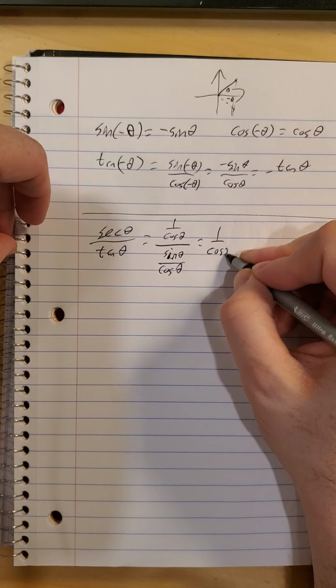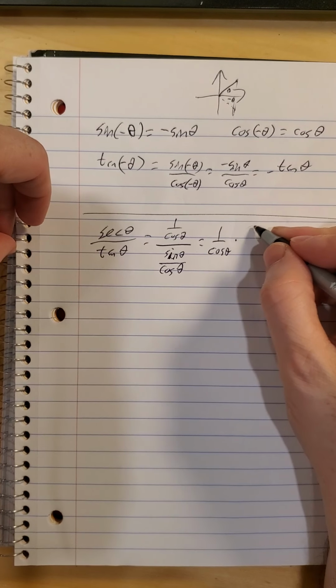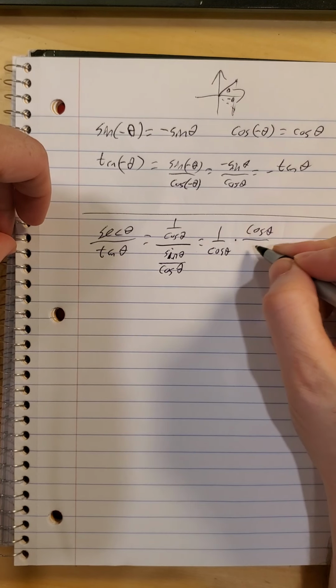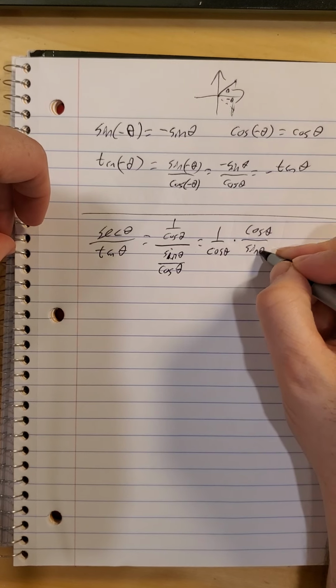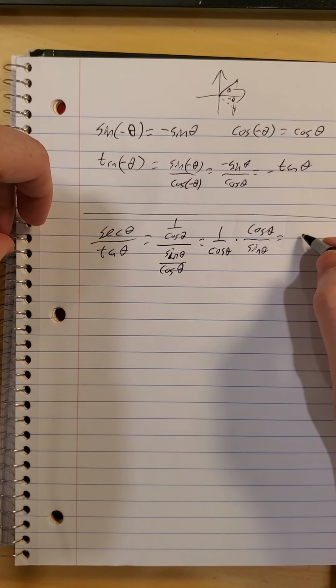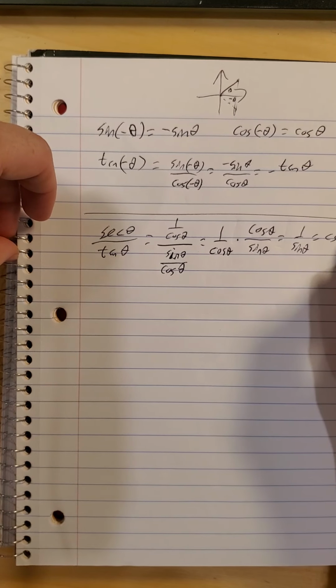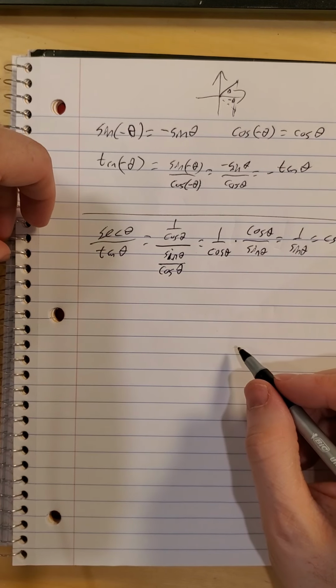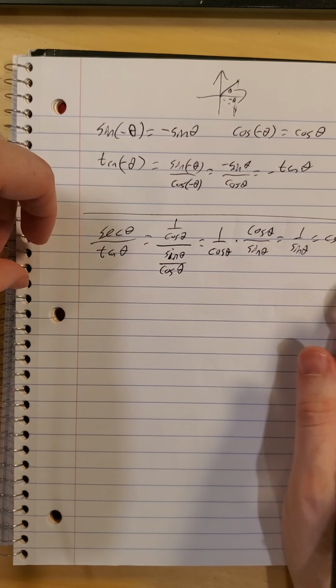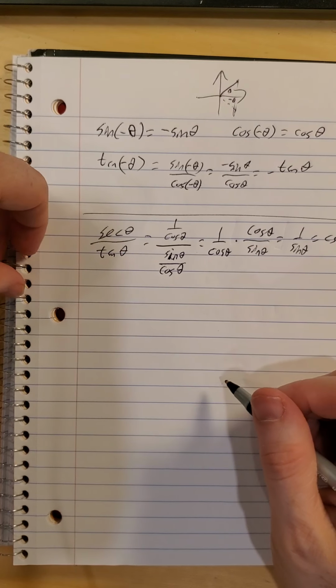And dividing by a fraction, we multiply by its reciprocal. Cosines drop, so 1 over sine theta, which is cosecant theta. So cosecant theta is the same as secant theta over tangent theta.